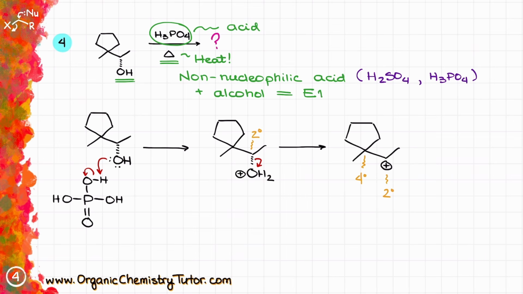One alkyl shift will have part of the ring migrating over, which is essentially a ring expansion. So if I drew that one, my carbocation is going to look something like that. The other possibility is the methyl shift, if I move the methyl group around. If we look at that one, we are going to get a tertiary carbocation as well.